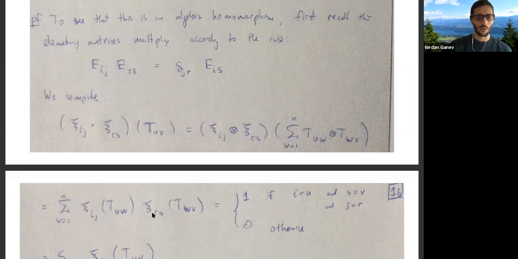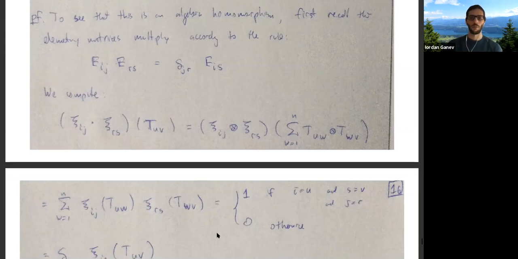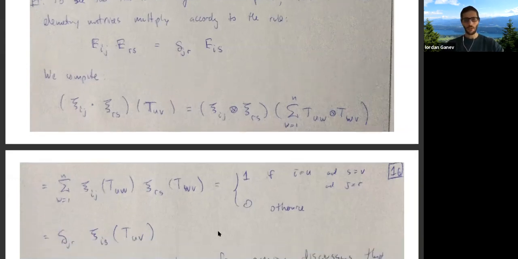So there's some w that's equal to the common value of j and r, and that'll give you a 1 here. But if those conditions are not all satisfied, we get 0.